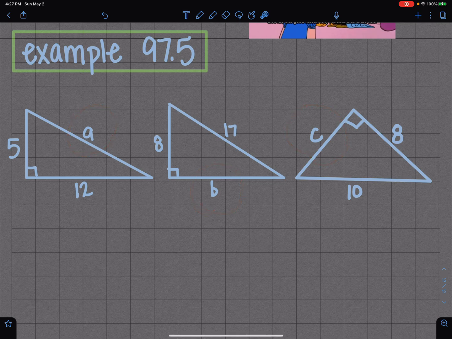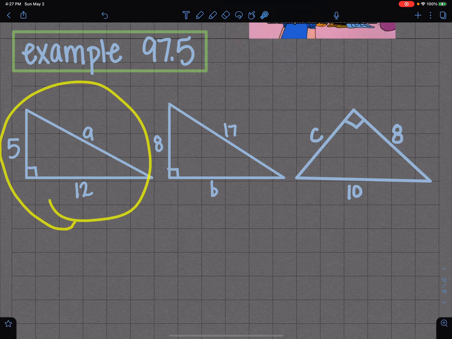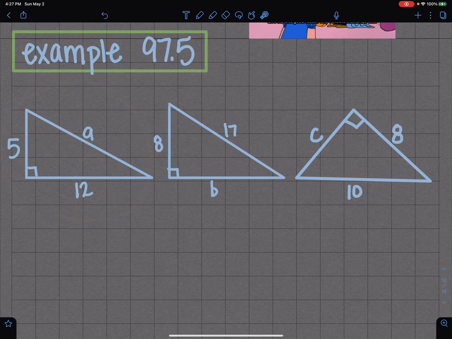Now they did give us 2 out of the 3, so you could do a squared plus b squared equals c squared, but you might have memorized those triplets, and if you do, then you might remember that this one here, you see that 5 and 12, and you'll know that it goes 5, 12, 13.